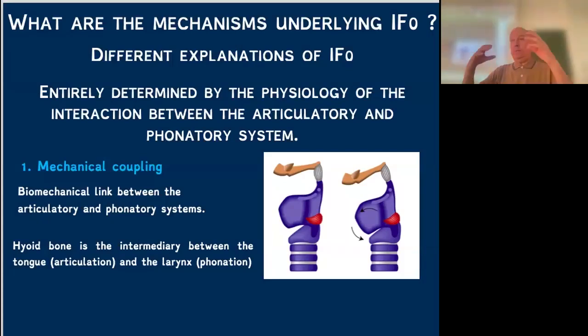Both systems have an indirect link, and that link is the hyoid bone. Some of the extrinsic muscles of the tongue attach to the hyoid bone, and the larynx is suspended from the hyoid bone.